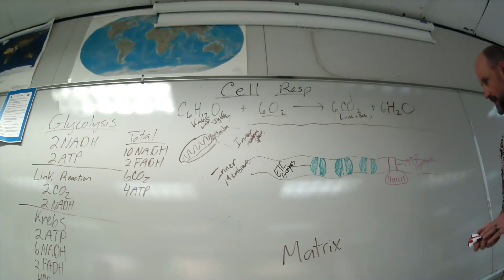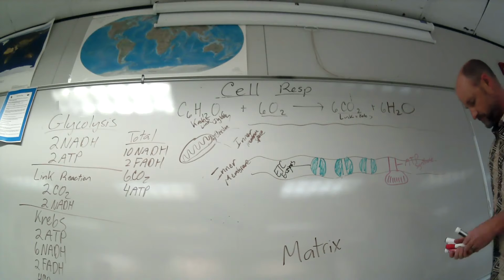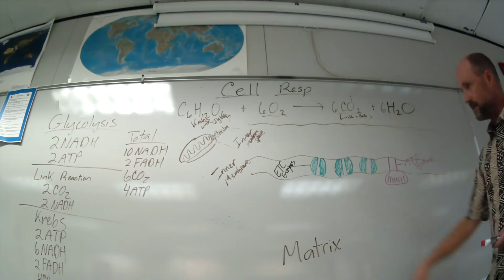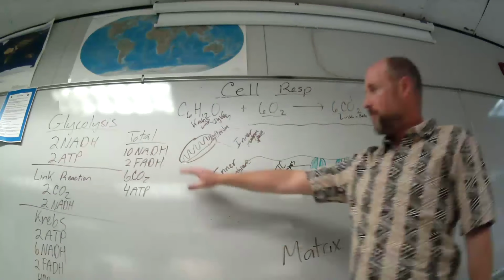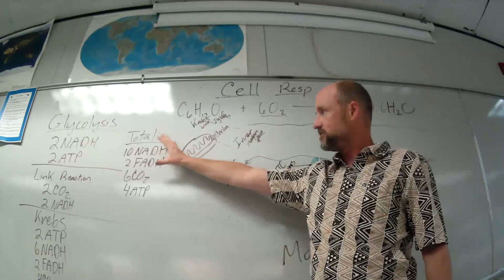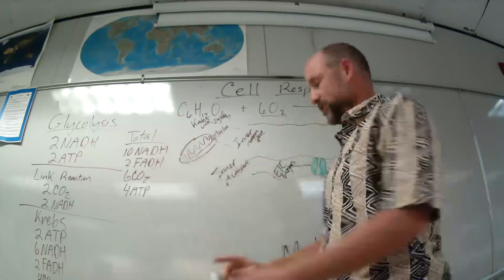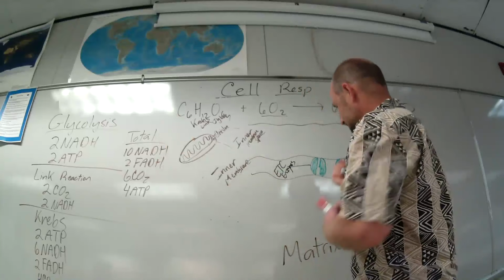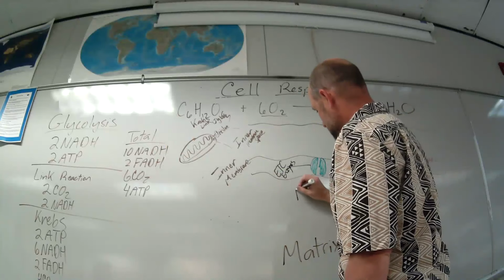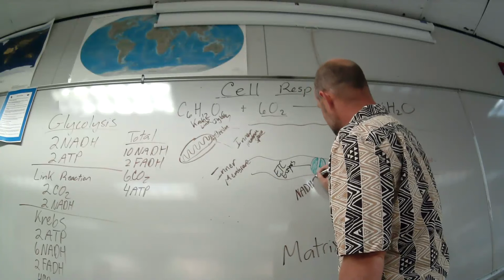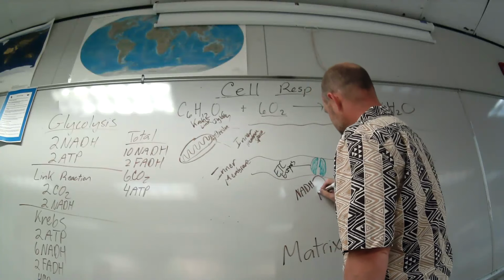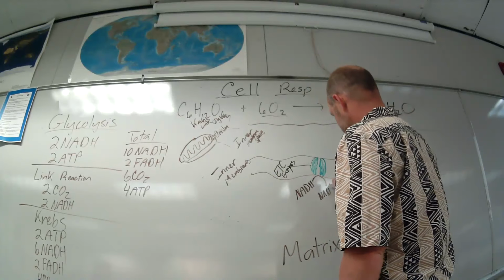So what's really happening here is, in the matrix, we have made all this NADH and FADH. All of these are carrying high energy electrons and hydrogens. So as an NADH comes up to this enzyme, it is going to be oxidized back to NAD.